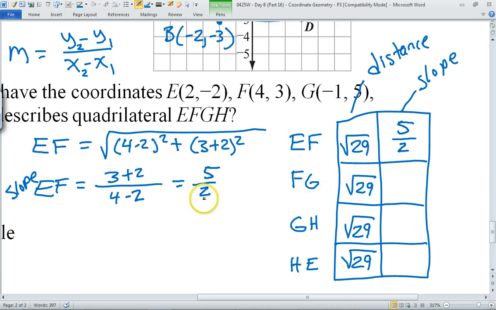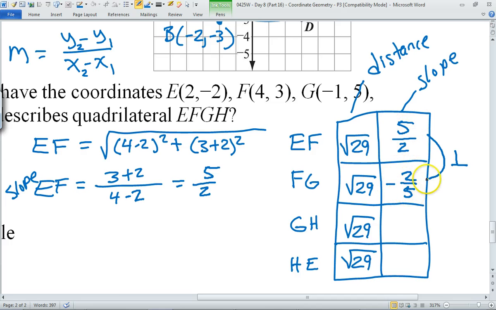Now, if I did the same sort of calculation for FG, and again, you need to do the calculations and go ahead and show it for your packet. But in the interest of time, I will tell you that this turns out to be negative 2 over 5. So is this a situation where it's going to be perpendicular or not? Yes, these are perpendicular. Like Mr. Sawyer said, these are opposite in sign, and they are reciprocal to each other.